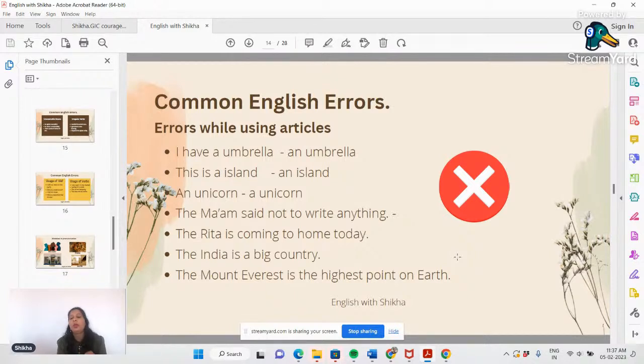In the same way, we put an before all the words which start with a vowel sound, not vowels, but vowel sound. So we never put an before uniform, university, unicorn. U is a vowel, but yet we do not put an before them. Why? Because there is no vowel sound before these words. The sound which is coming is of "ya," not a vowel sound, right?